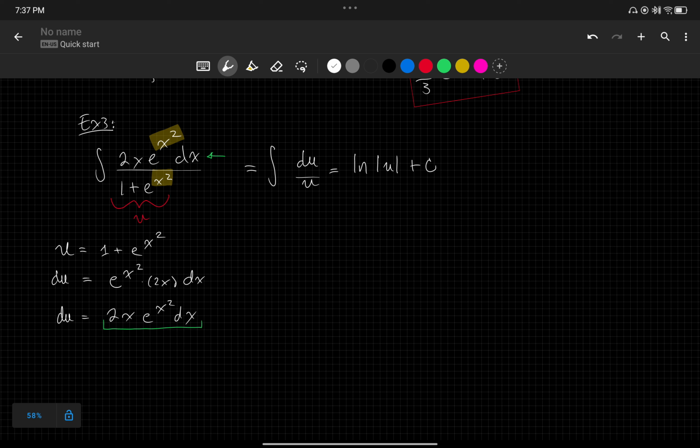Okay. All right. So natural log absolute value u, where u was 1 plus e to the x squared. Okay, very good.